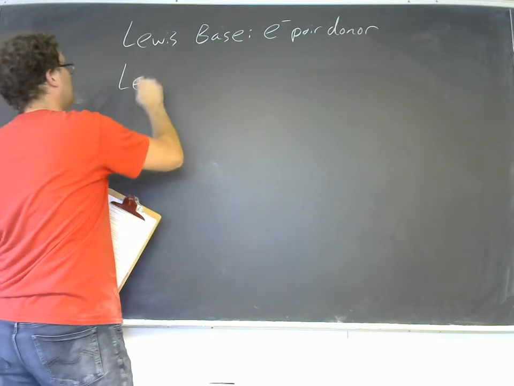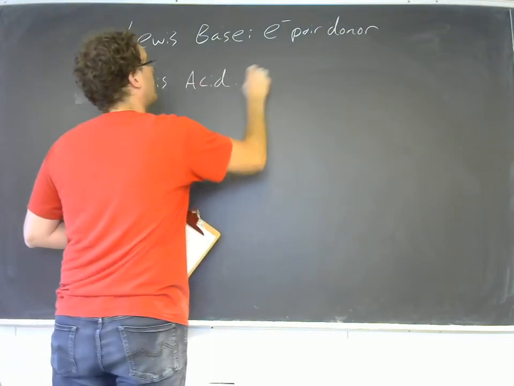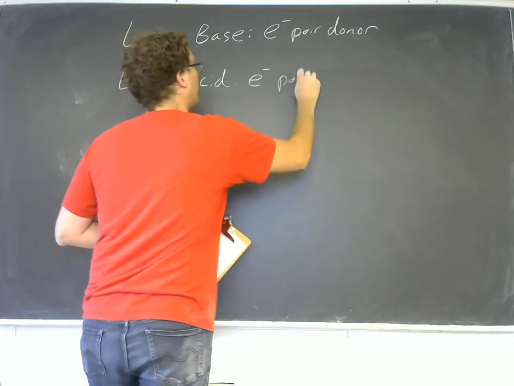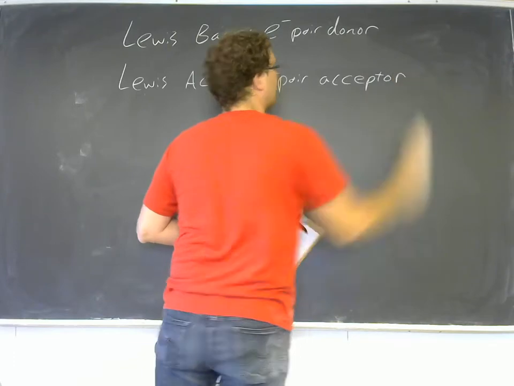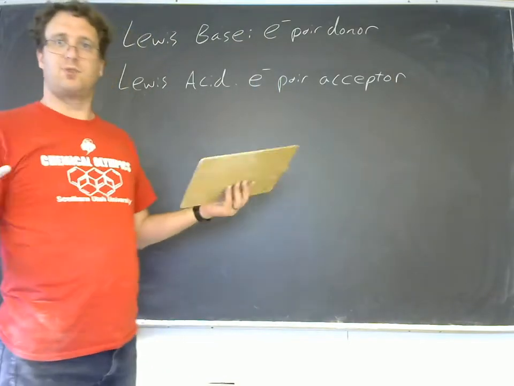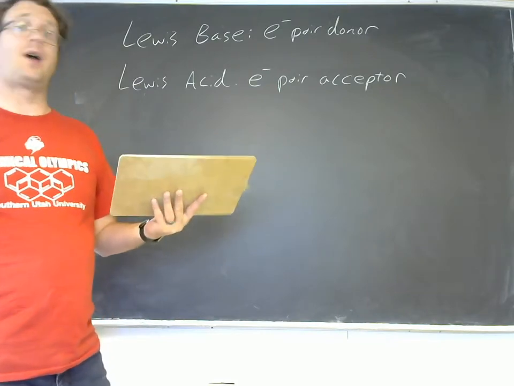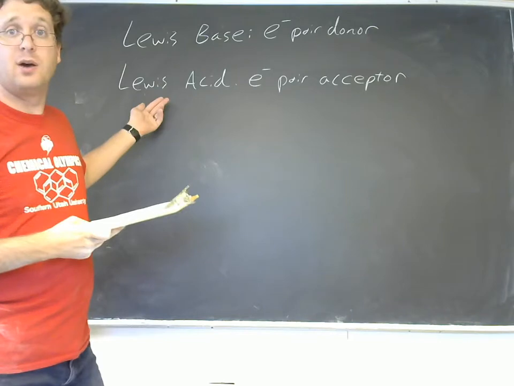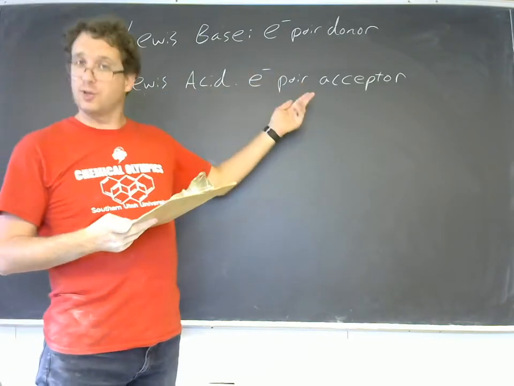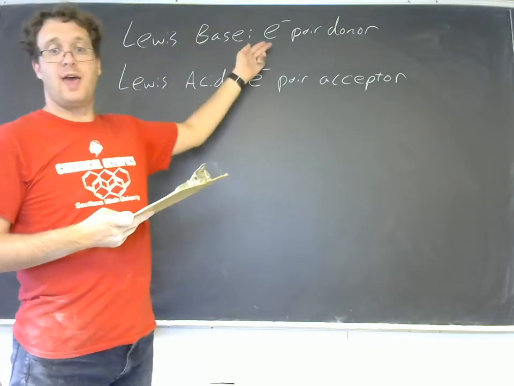A Lewis acid is an electron pair acceptor. And I should draw the parallel directly. Remember, Bronsted-Lowry theory said that a Bronsted-Lowry acid was a proton donor and a Bronsted-Lowry base was a proton acceptor.